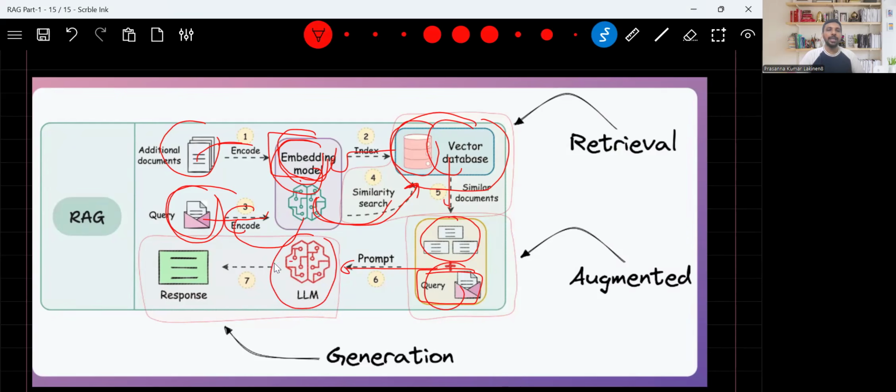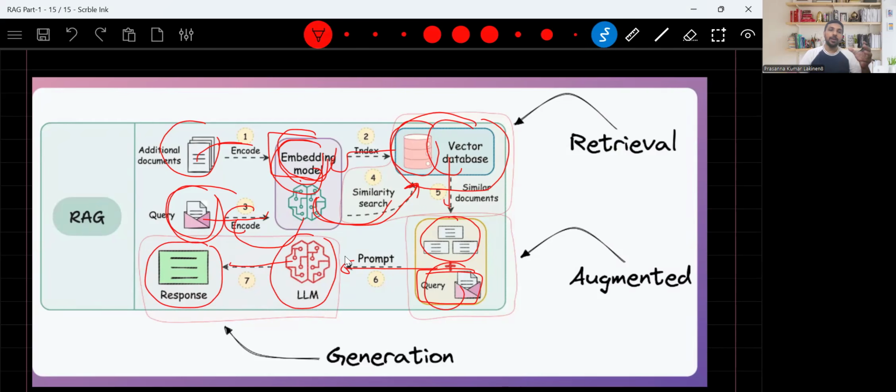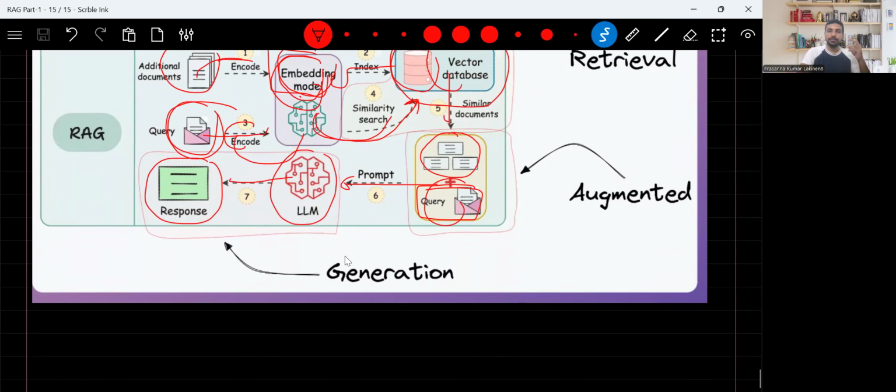Now the LLM will take the exact decision, that is your response. Your response and the reasons, documents, or citations for your response. This is what is called generation. So this picture explains how retrieval is happening, what is augmented, and what is generation.